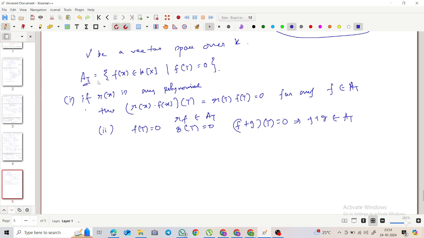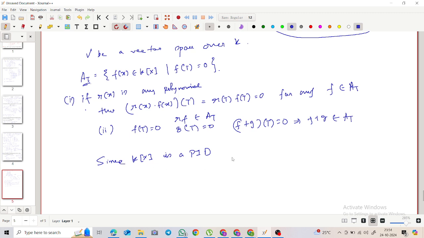The annihilator of T is an ideal, right? Since K[x] is a PID, we will come on to this later. What is a PID? A PID means a ring in which every ideal is principally generated.